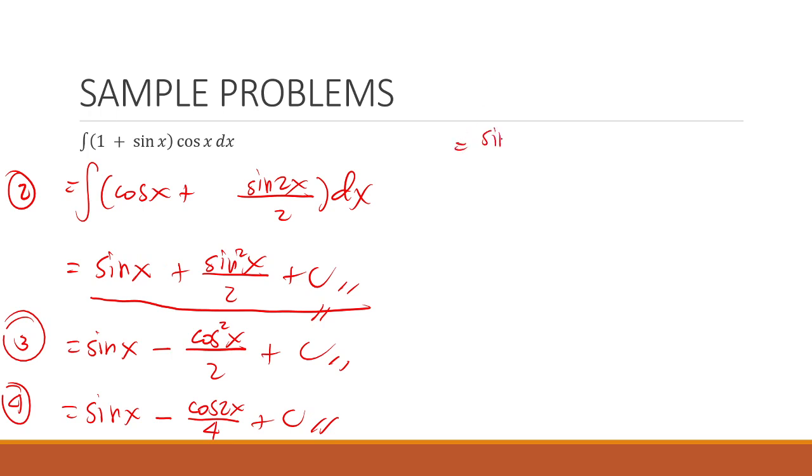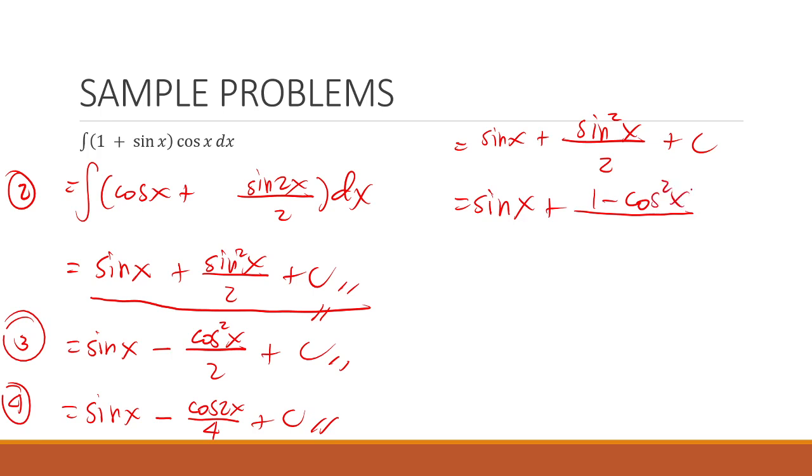So, sine x plus sine squared x over 2 plus c. Okay? And then, we can use Pythagorean identity for sine. So, sine squared using Pythagorean identity is what? Equal to 1 minus cosine squared. Tama ba? This is all over 2 plus c.